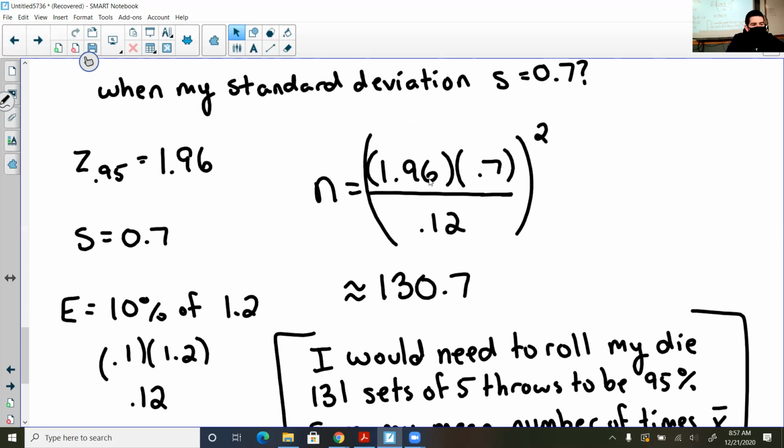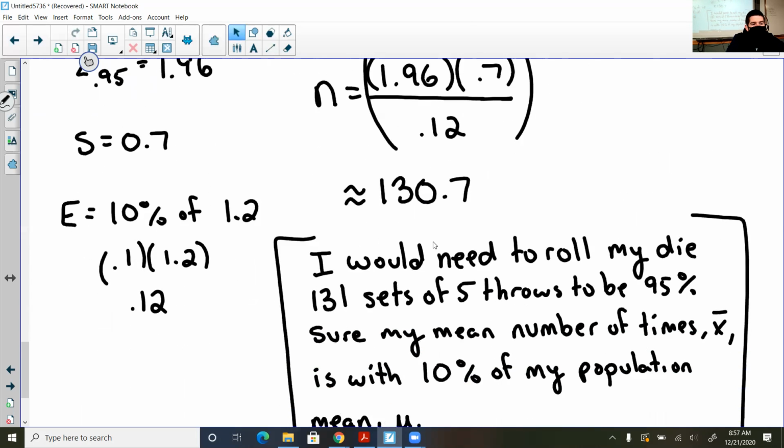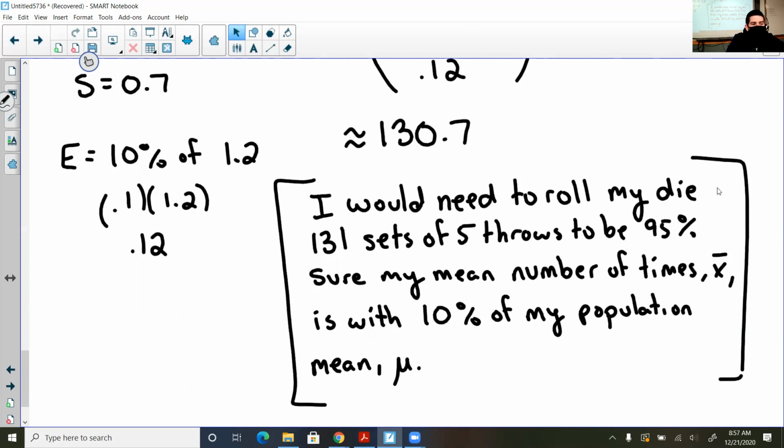So I plugged in this value, which everyone's gonna be using the same number. I plugged in my standard deviation and my mean, squared the quotient, and I got about 130.7. So that means I would need to roll my die 131 sets of 5 throws to be 95% sure my mean number of times, X bar, is within 10% of my population mean, mu.